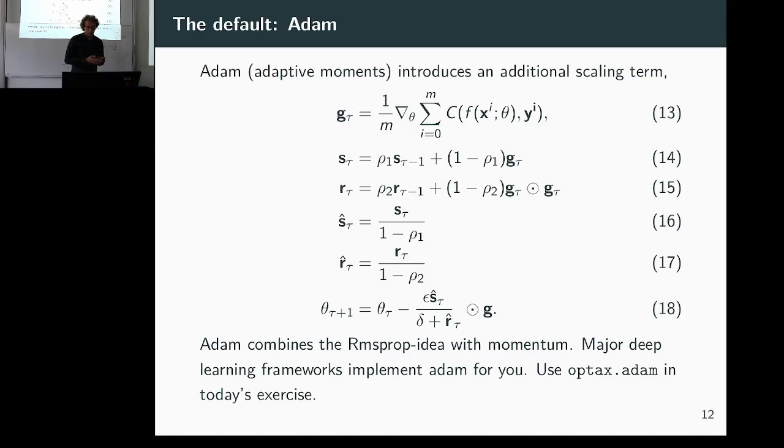This was invented by Kingma and colleagues in Amsterdam at the Vrije Universiteit, and they came up with a combination of momentum and RMS prop. So that's what it is. They have momentum terms here for g and the square, and then they've introduced scaling terms for both, RMS prop style scaling terms.